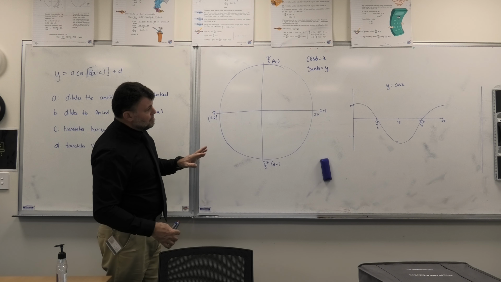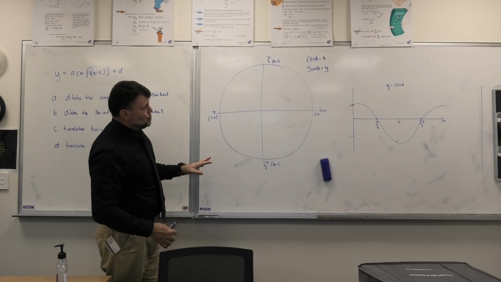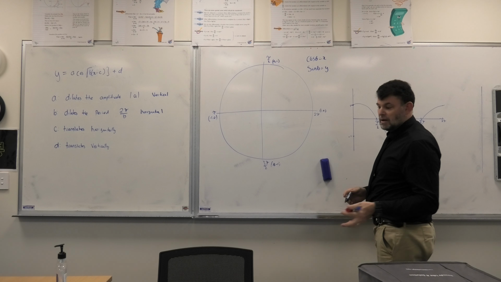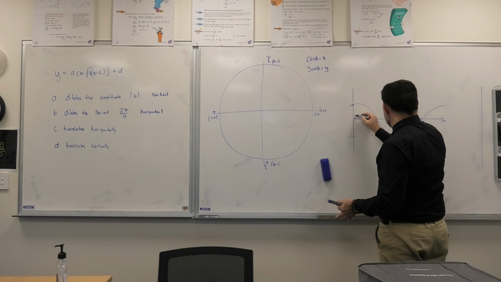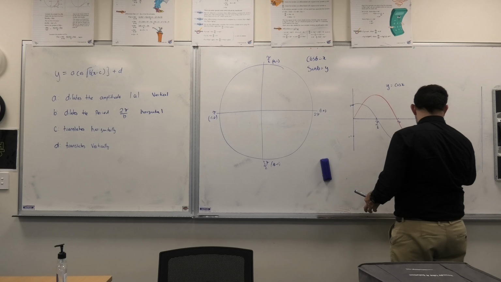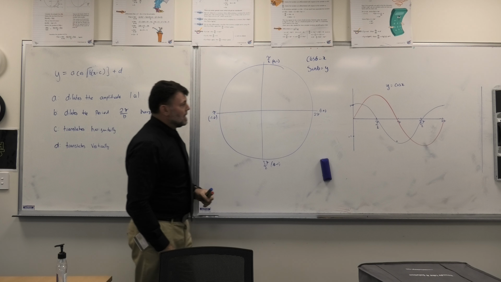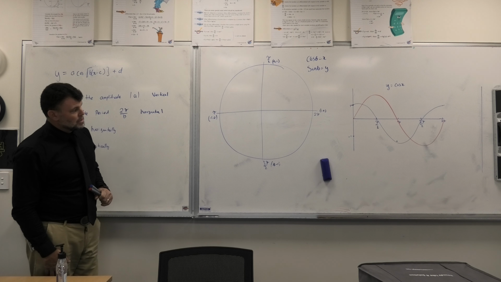Now, the only main difference between cosine and sine is that we can think of another identity that works with this. If I drew up the sine diagram, what can we say about the difference between the two?